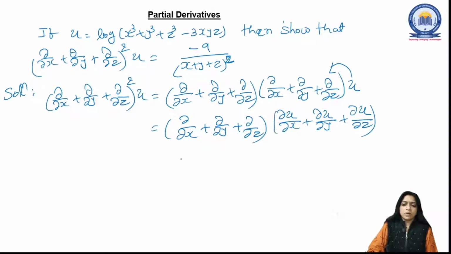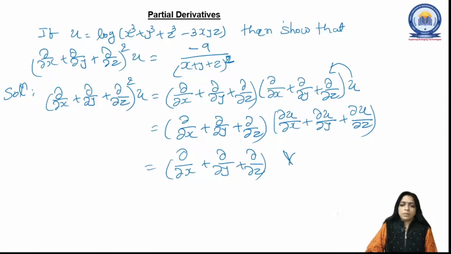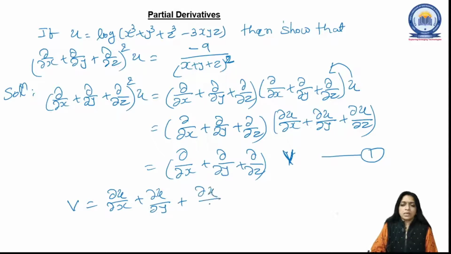If I call this bracket v, and this is equation 1, then the value of v is del u by del x plus del u by del y plus del u by del z.